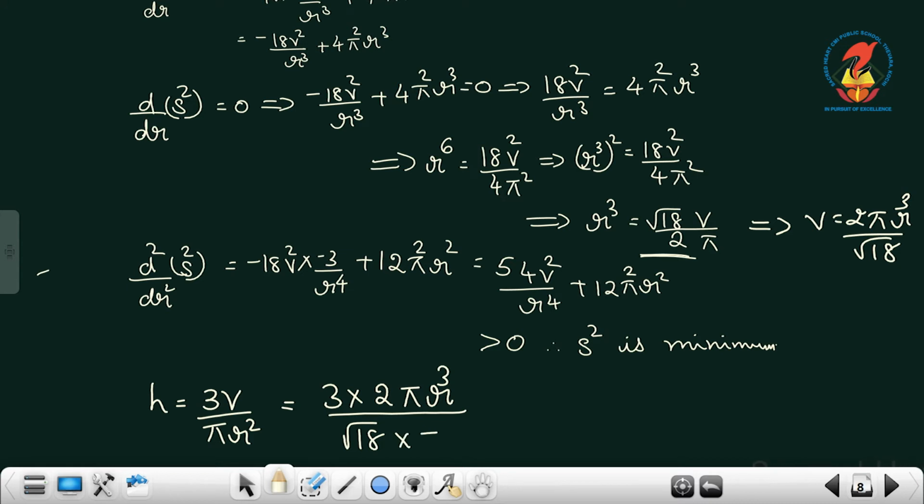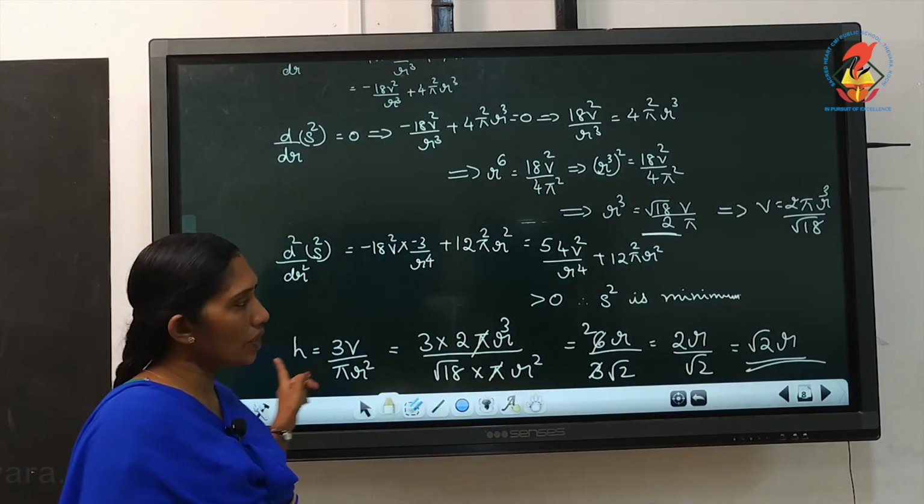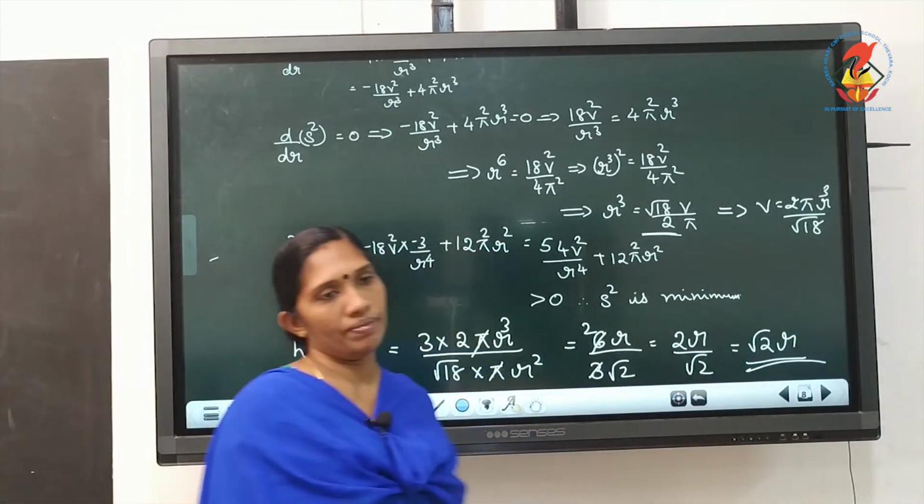That means here itself, pi cancel, r square and r cancel. So 6r by root 18. How do we write? Root 18 is 3 root 2, isn't it? So 3 we can cancel, it is 2. So 2r by root 2, or I can write as root 2 r. So we proved h is equal to root 2 r.